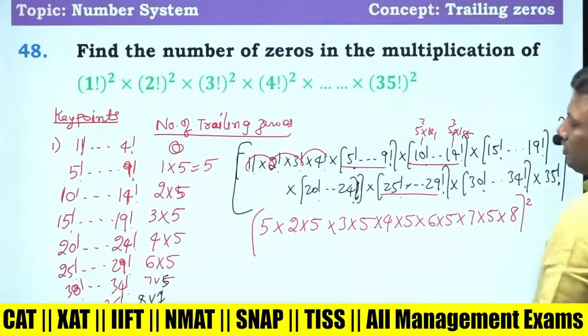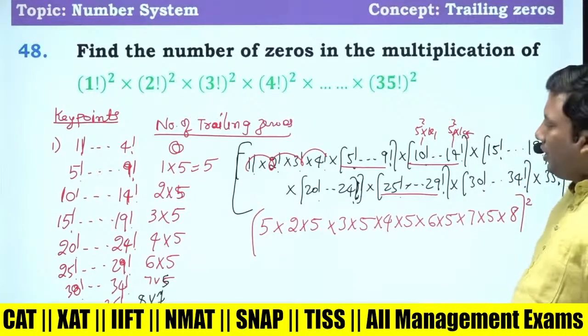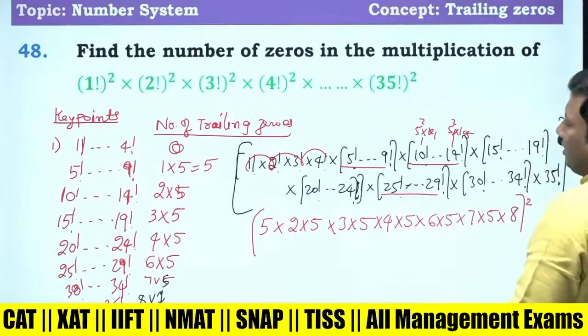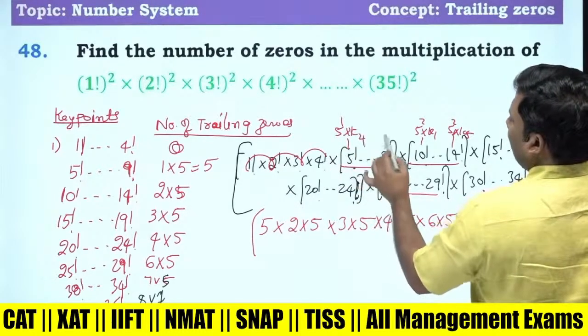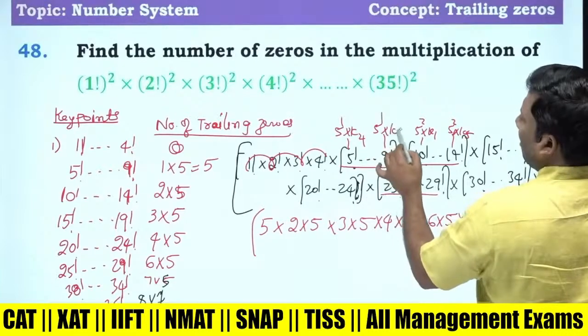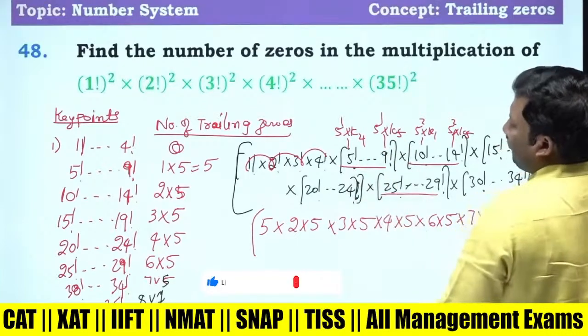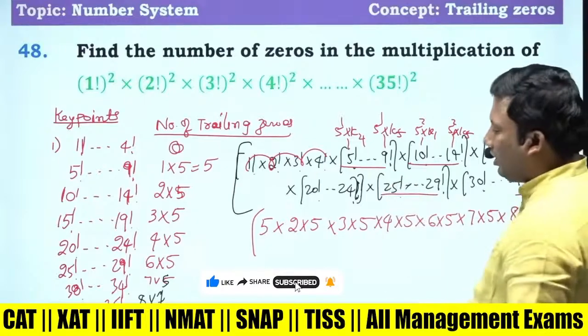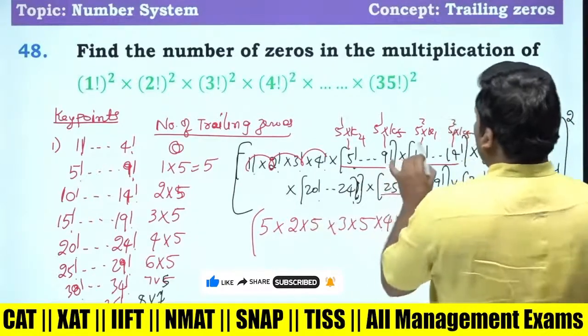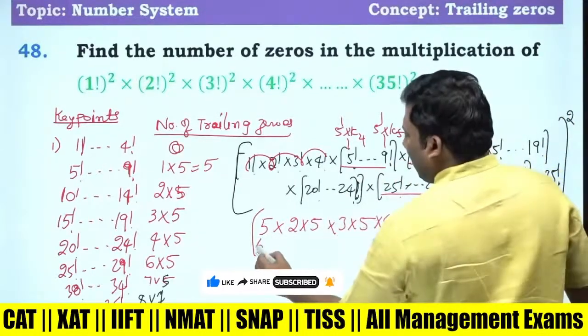Now if you see here, if we write like this, this is 5 power 1 into K1, and 5 power 1 into K5. From 5 factorial, 5 times we got.